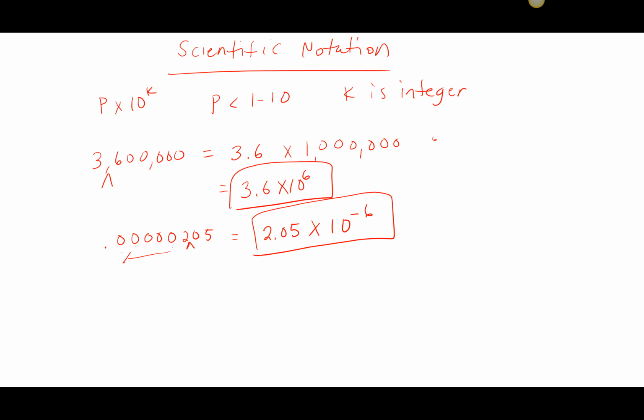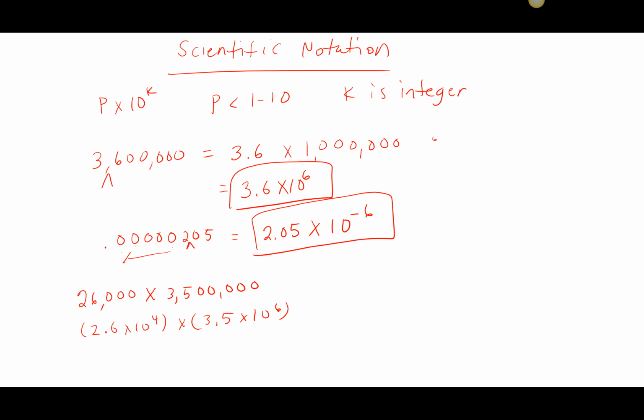Let's try this one. What if we were multiplying 26,000 times 3,500,000? Okay, what if we had that? So let's do the first number first. That's going to be 2.6 times 10 to the 4th times 3.5 times 10 to the 6th. And where this helps a lot is in your calculator.